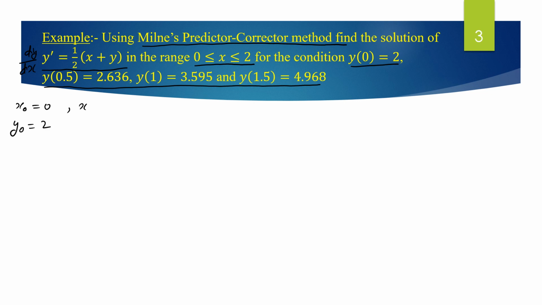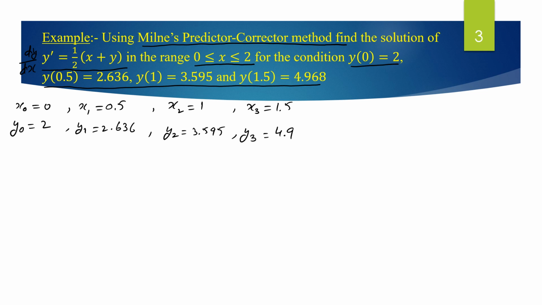When x1 is 0.5, y1 is 2.636. When x2 is 1, the value of y2 is 3.595. Then when x3 is 1.5, the value of y3 is 4.968. So these three values are given in this problem.